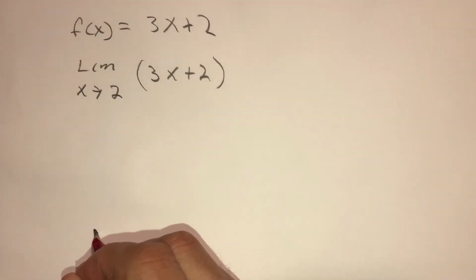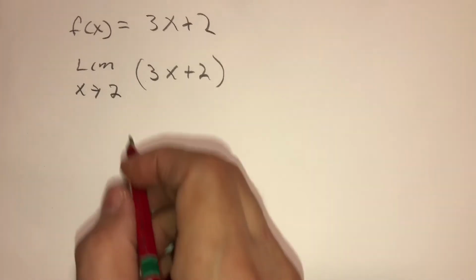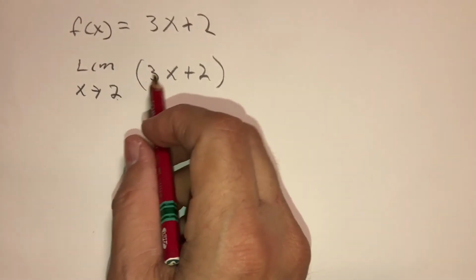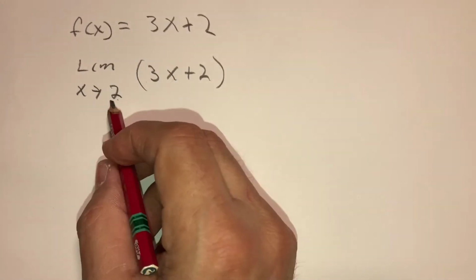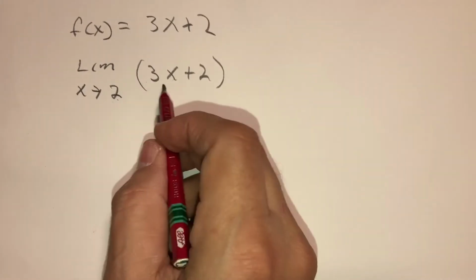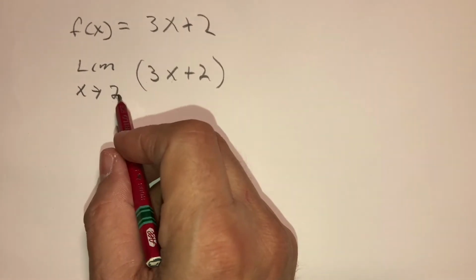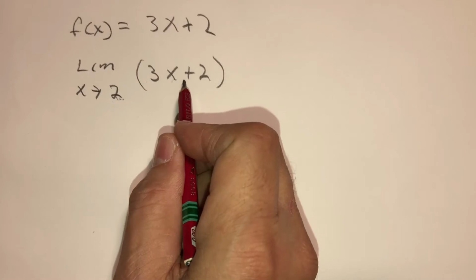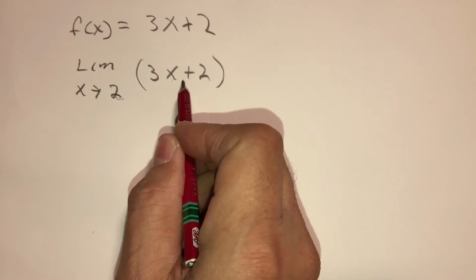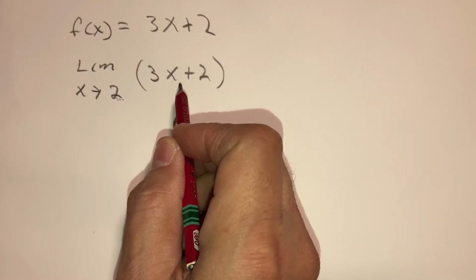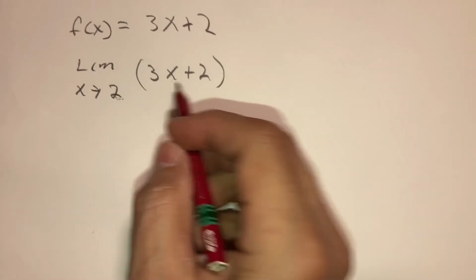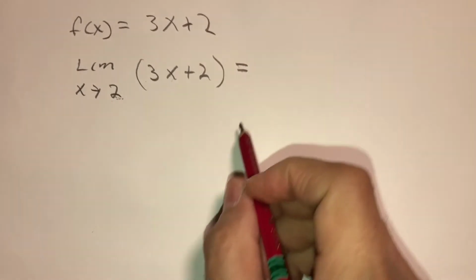So polynomials are pretty easy. You just gotta plug the number in. So in other words, if when you're calculating the limit, you can just plug in the number in question, and you don't get something like division by 0 or square roots of negative numbers, then that's what you do. You just plug this stuff in.